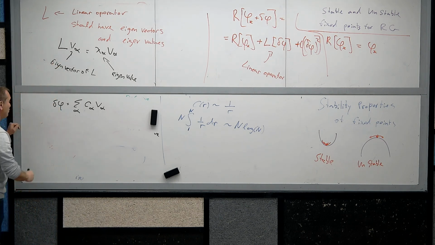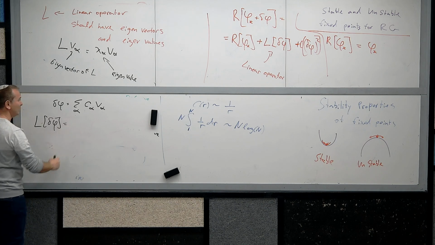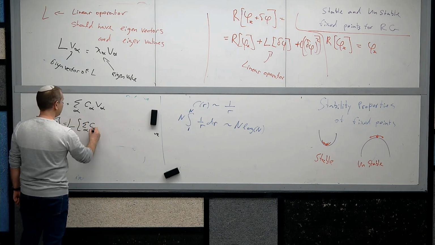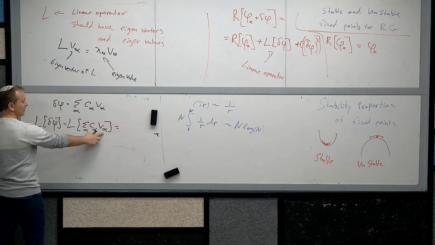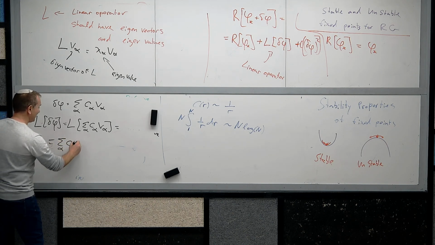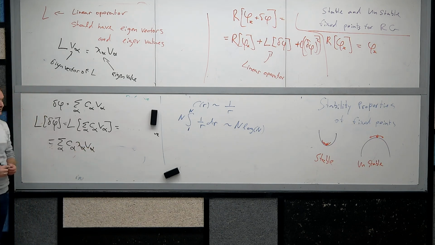Now let's see what happens when I apply L on delta phi. It is L applied on the sum over alpha of C alpha V alpha. Since it is linear, I obtain the sum over alpha of C alpha lambda alpha V alpha.